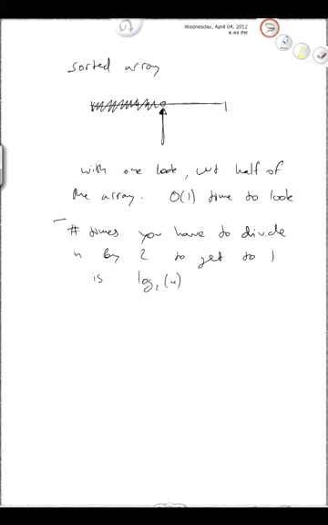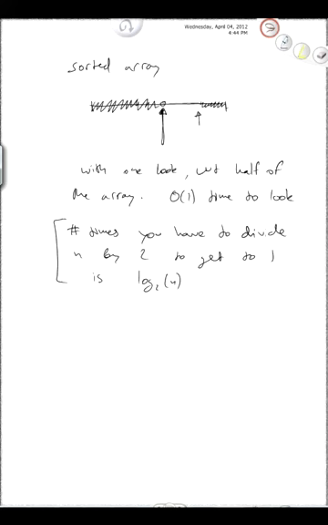The reason I say this is because how do we know that this algorithm will be done? The algorithm is look in the middle, cut off half, look in the middle again, which maybe lets you cut off a different half, and keep looking in the middle. With every look, I'm cutting half of the remaining array, and I'm basically completed when I get down to a single cell in the array.